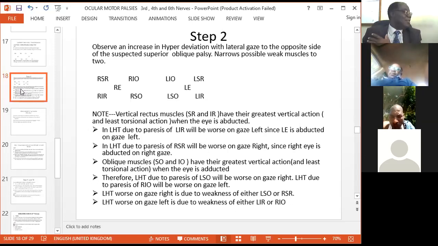Look to the right. If you have chosen that the lesion is on the left side, ask the patient, they are looking straight, look to the right side, not turning the head, just the eyes. Then you will see that if the lesion is here, the eyeball goes higher up. There's an increase in hyperdeviation.